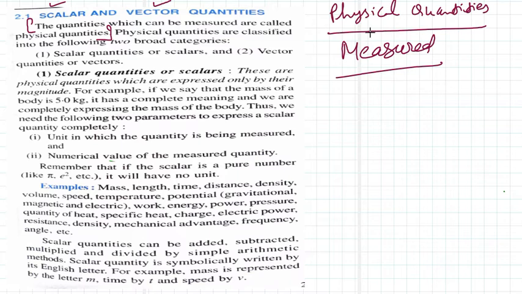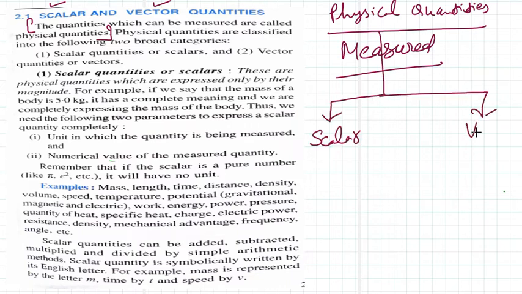These physical quantities are classified into scalars, and the second one is vectors. Scalars are also called scalar quantities and vectors are also called vector quantities. Let us discuss them in detail.